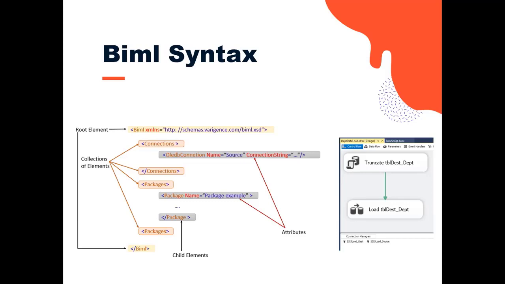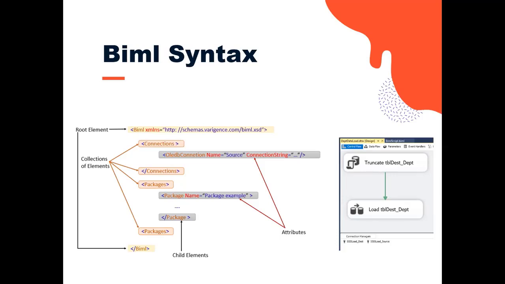Inside your collection, you have your single elements as I showed. In this case, I'm creating an exercise, only one exercise package. Like I mentioned earlier, this can be tables, schemas, anything you want to generate through your BimlScript.